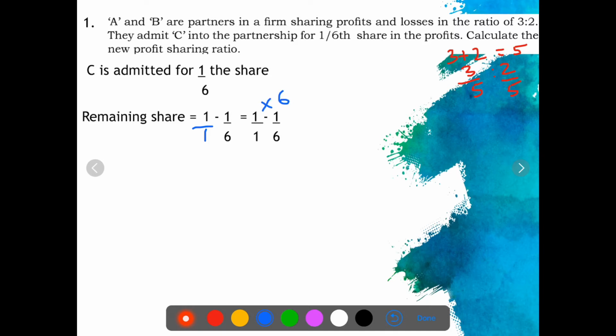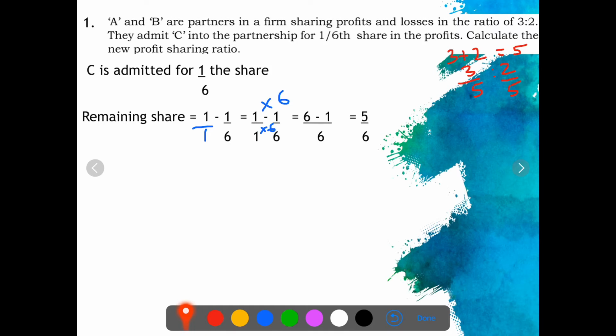So 1 into 6 is 6, and 1/6 into 6 is 1. So I will get 6 minus 1 divided by 6. So what will be the final answer? The remaining share will be 5/6. So this 5/6 will be shared between A and B as their profit of the firm.